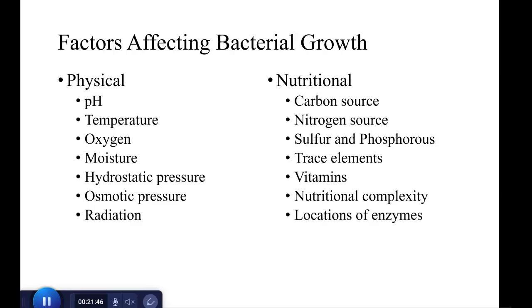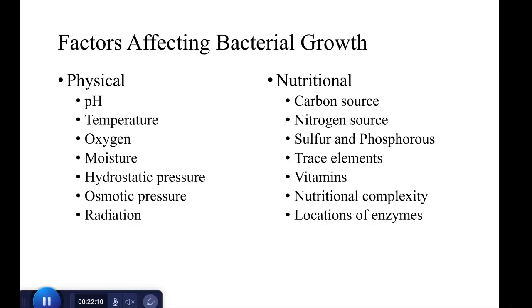There's also some nutritional requirements as well. Some are going to require certain carbon sources and nitrogen sources, certain trace elements and vitamins. If some have really complex nutritional requirements and they're really difficult to grow, sometimes we term those as being fastidious, that they are really kind of difficult to grow in the lab.